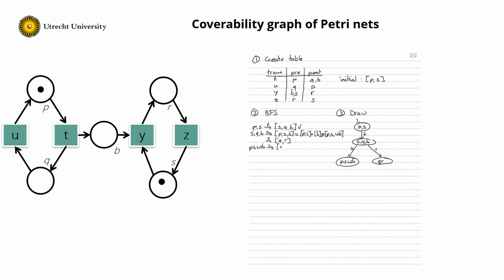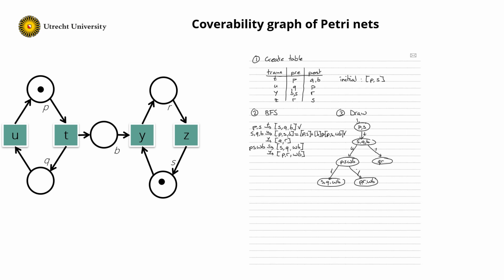And it results in a marking S, Q, omega B. And I can also fire transition Y. Firing transition Y gives me the marking PR omega B. So in PS omega B I can do a transition T. That gives me SQ omega B. And I can fire a Y. That gives me PR omega B. So PS omega B is done.